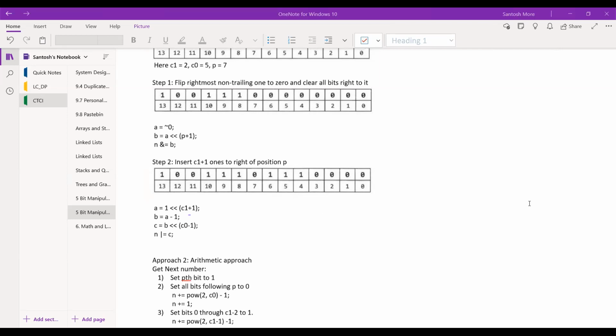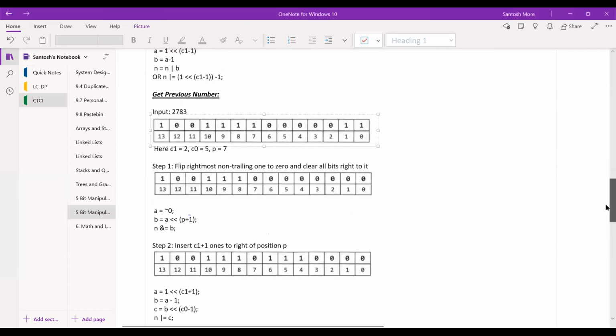So we get here. Okay, so 0 is 1 and then we set to 1. So C will be here, right? C is 2. So if I set 2 plus 1, in this case it will come here.